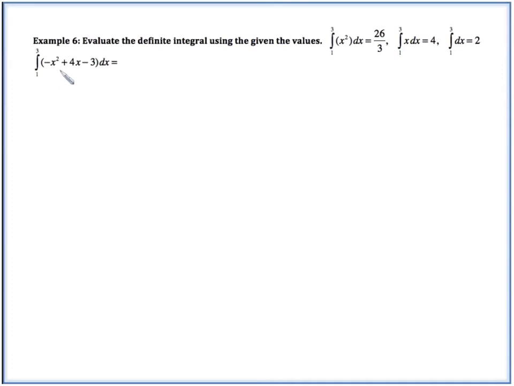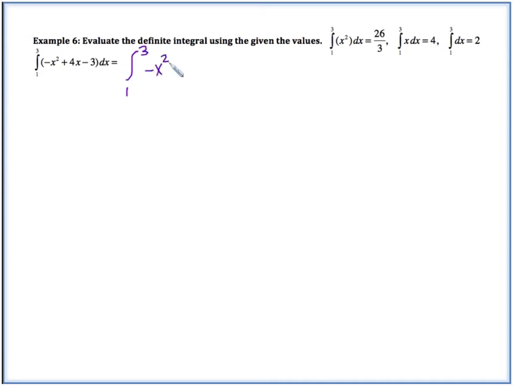And it says go ahead and evaluate this definite integral from 1 to 3 of negative x squared plus 4x minus 3 dx. So the first thing that we're going to want to do is separate these out. We see different terms here of our polynomial. We're going to split into 3 different definite integrals.